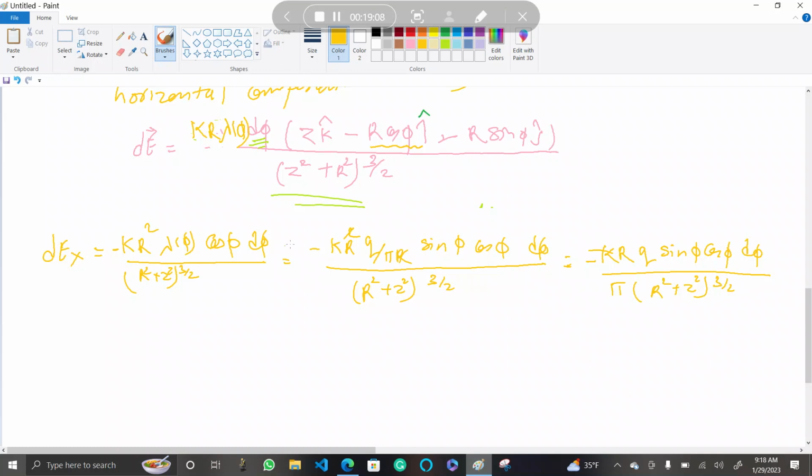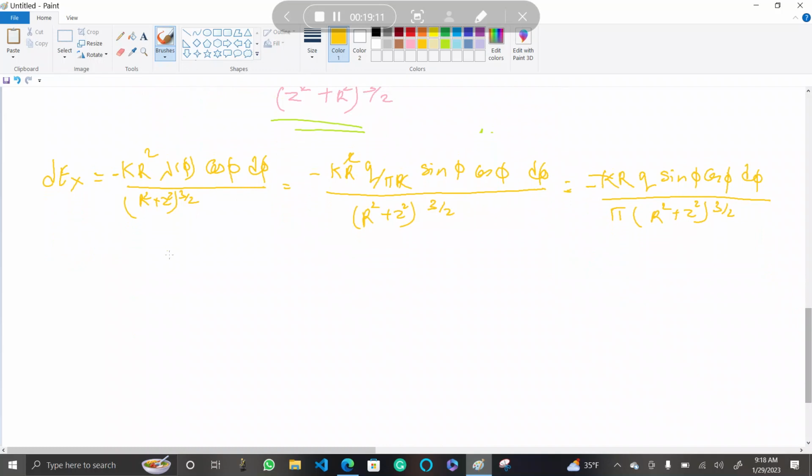So in order to calculate E in total, the horizontal component of the electric field along the x direction can be obtained by integrating over the whole range for the x component. If you look, the constant terms are minus k r q by pi (r square plus z square) to the power 3 by 2, integrating over 0 to 2 pi d phi sin phi cos phi.